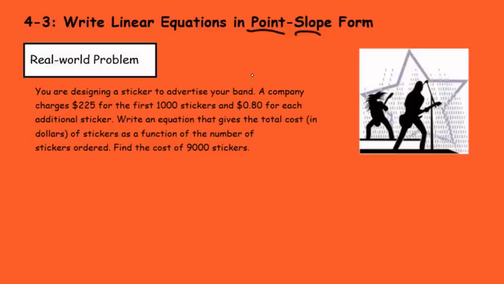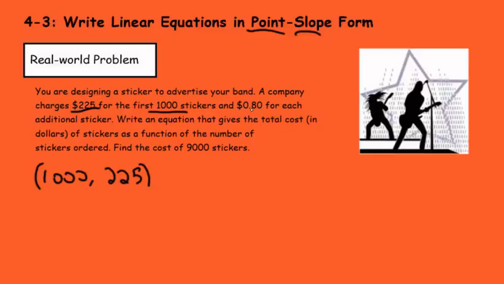For example, the point has been given when it tells us that a company charges $225 for 1,000 stickers. That means if stickers are your x and dollars are your y, you would have 1,000 for x, 225 for y. And then it tells you that 80 cents is for each additional sticker.